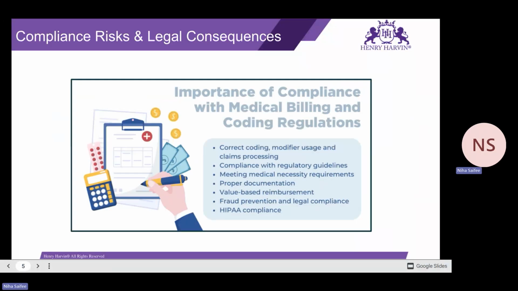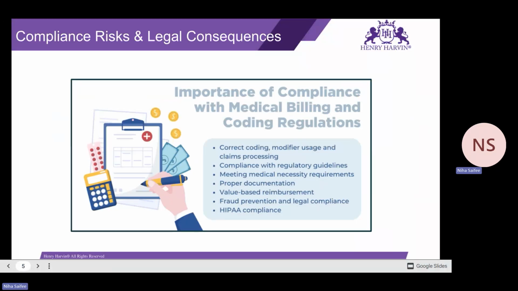If repeated upcoding or undercoding is happening, that means you know there is something wrong, but you are not taking any action to resolve it. Again, that is a lack of compliance with the HIPAA laws, and that might attract legal action. So when we talk about compliance, it is not just abiding by the rules and regulations. In the rules and regulations themselves, accuracy is one of the things taken into account.